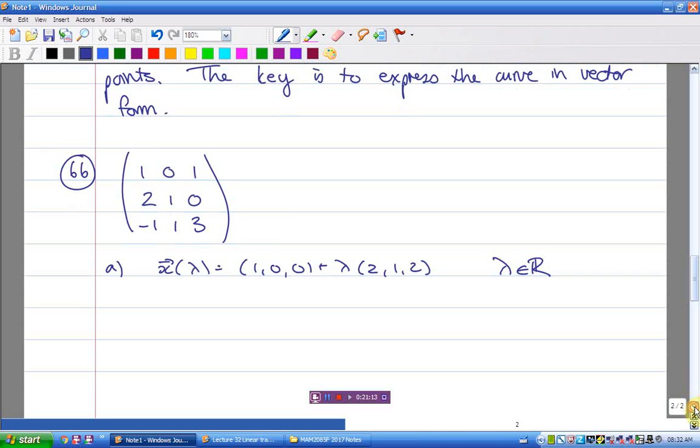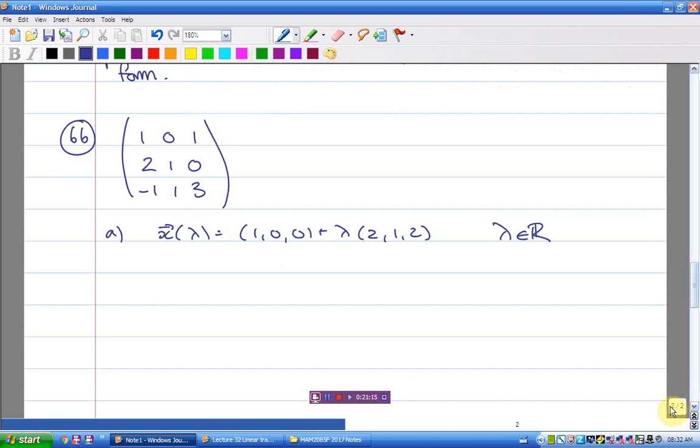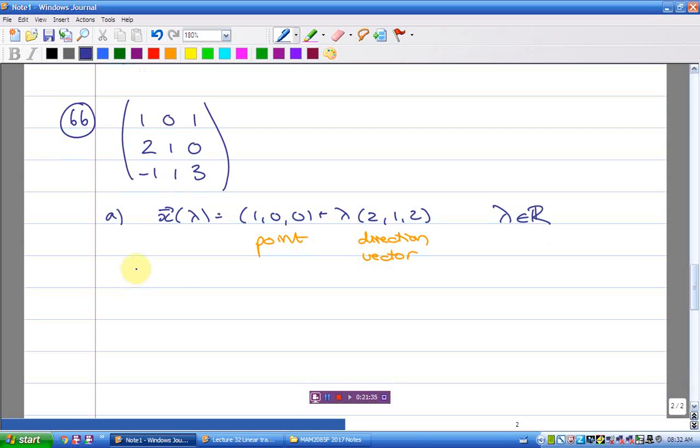Okay, so I'm going to apply the transformation to that. So here's what I'm going to do. I'm going to transform that point, (1, 0, 0), and I'm going to transform this direction vector (2, 1, 2). The most efficient way of doing that is to do them simultaneously.